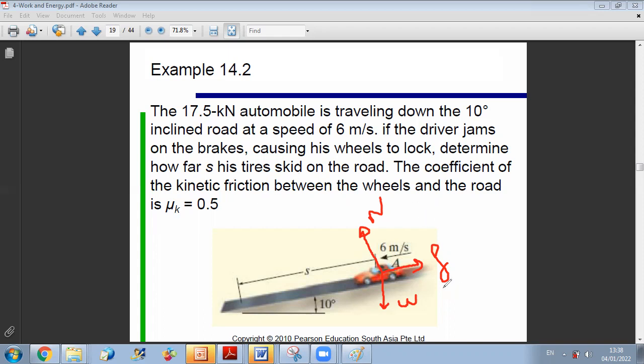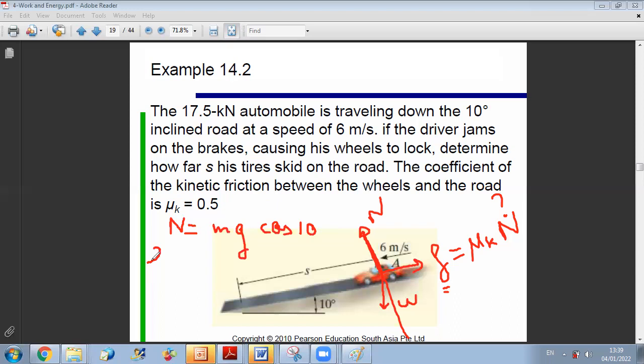But because you have kinetic friction, which is equal to mu k n, to calculate the magnitude of your friction, you should find the normal. And to find your normal, you project forces along the perpendicular to motion. From this equation, you get that n equals mg cosine of 10. Once you find the value of n, you can calculate your friction force.